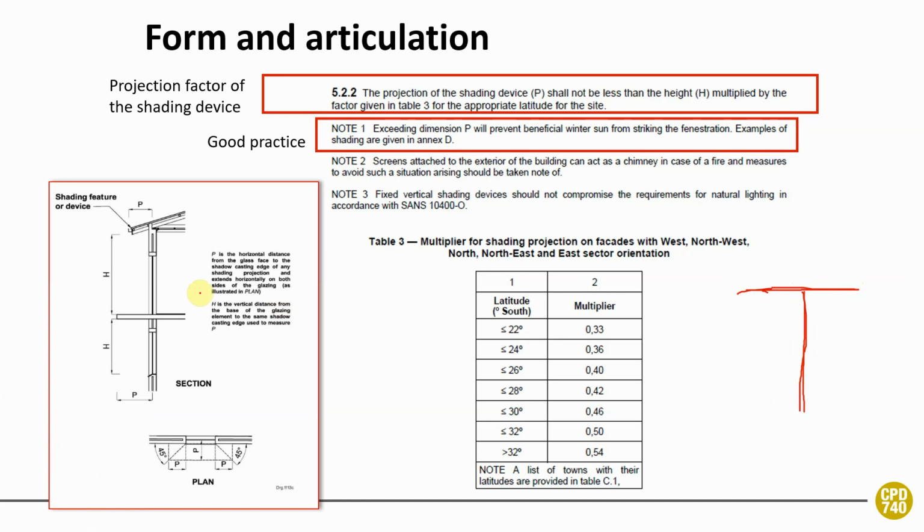What do you consider there? You consider the lowest point of the glazing. You see that H up to the lowest point of the shading device, and that could be the roof eave like you see there, or an extent of the floor, or if you had a shading device right at the bottom, then that would be the height that you would consider.